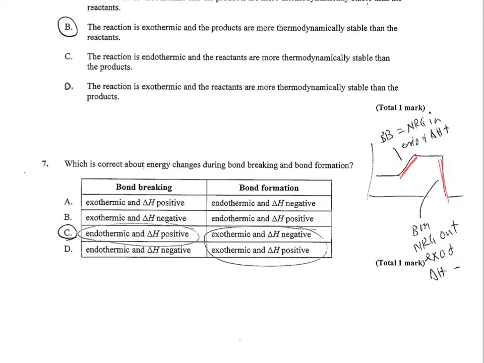On the other side then, as the products are being formed, that's bond making and energy is being released, or delta H is negative. So when I look at that, that would fit with C, endothermic, and delta H is positive during the bond breaking, and during bond formation, it's exothermic and delta H is negative. So C would fit both sides of the graph.